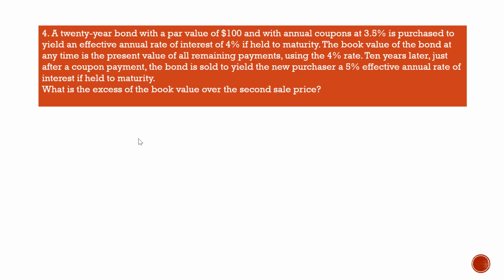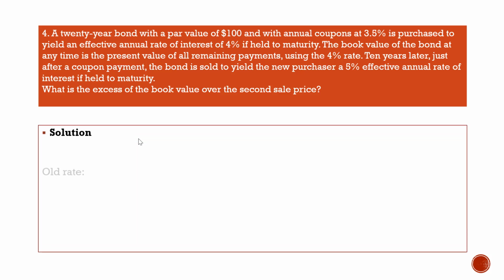So that means we want to find the difference of the book value at time 10. At time 10, we have finished 10 coupons. We still have 10 coupons ahead. So using the old rate, the book value at time 10 is just the present value of the last 10 coupons at 4% interest rate.